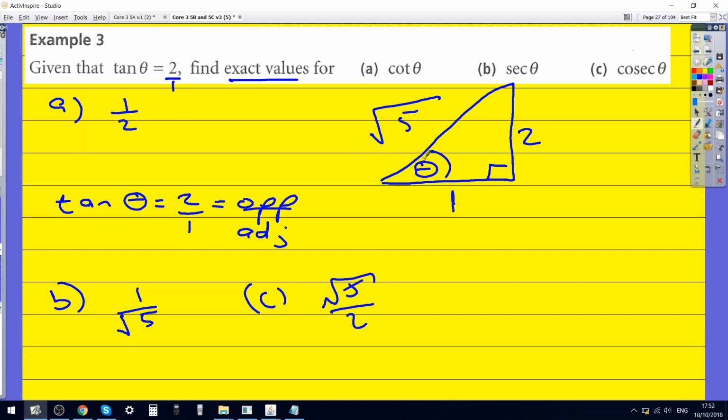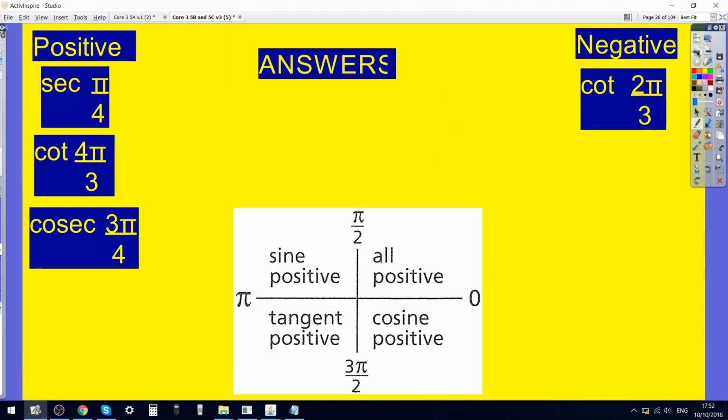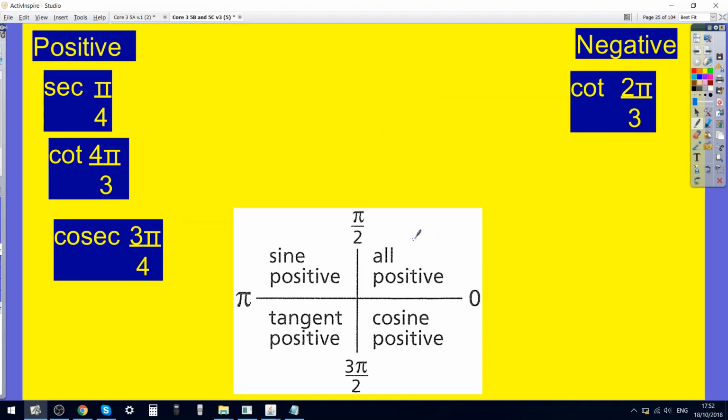We said my battery might die, by the way, so I might have to move. But let's see. We said that tan theta is 2, and that could be either in this quadrant or in this quadrant, and we weren't sure which one. If it's in the top right one, they're all positive.